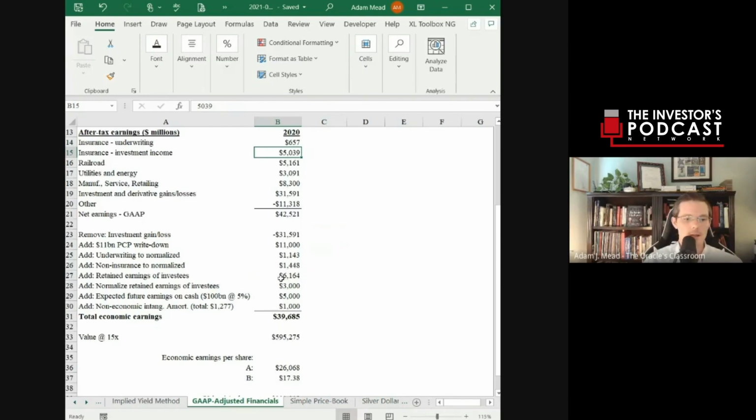And so that is only the part of the iceberg that shows up on Berkshire's financial statements, because accounting only shows us the dividends that Berkshire receives from its investees.